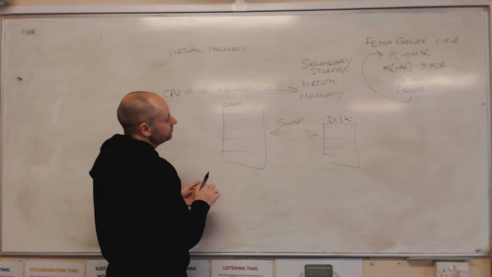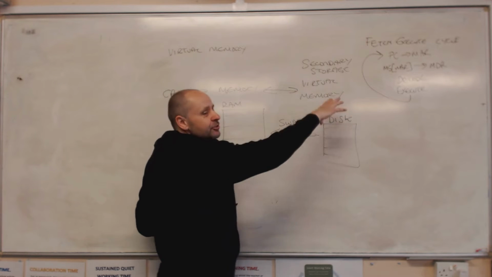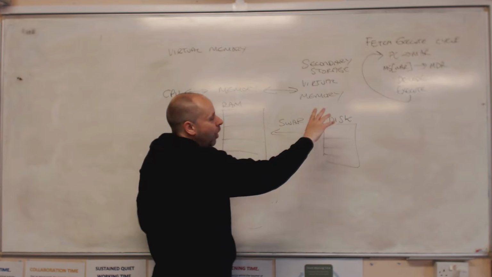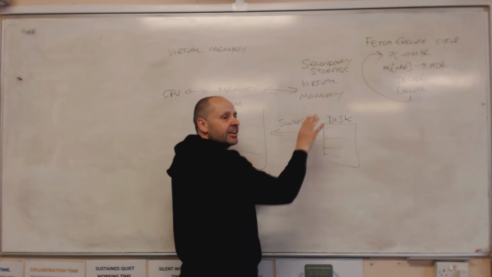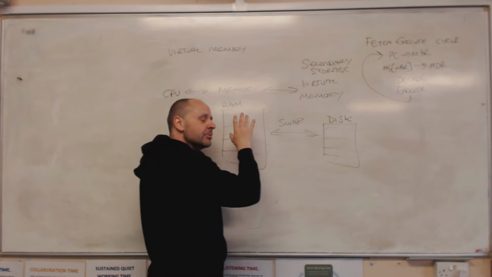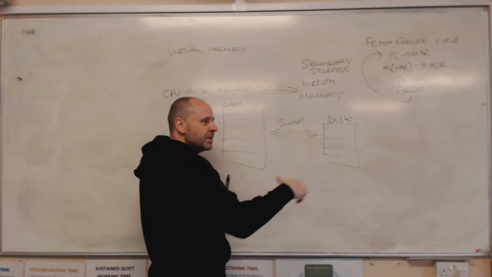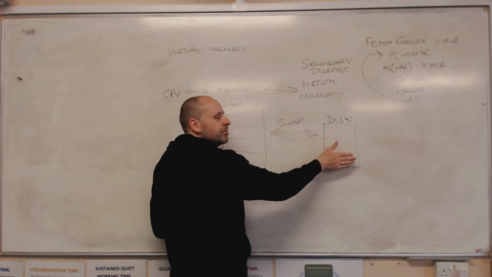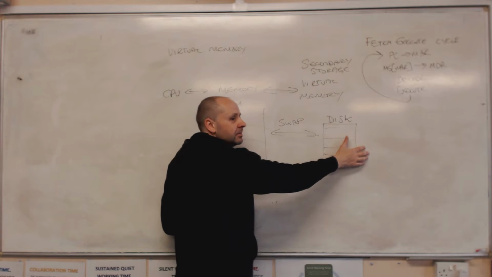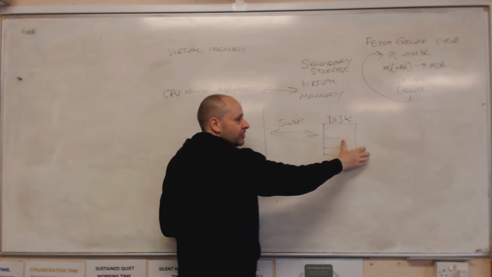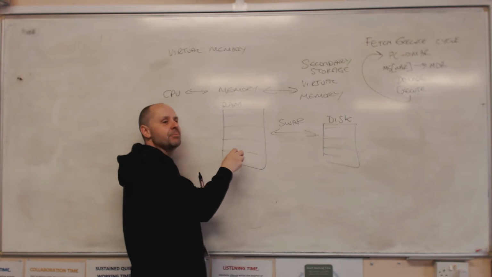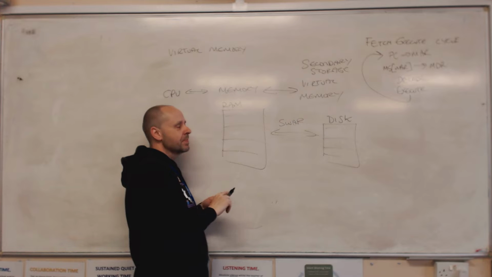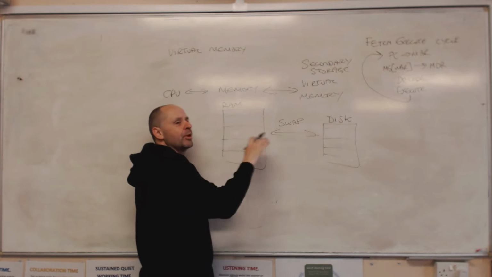So what happens, the virtual memory on the hard drive, the swap disk as we call it, is acting like an overflow. So things that we don't currently need but we are in the middle of processing temporarily go onto the virtual memory on the hard drive. When we need them back in, we need to bring them back into memory so that we can carry on processing. So you end up with this swapping process.